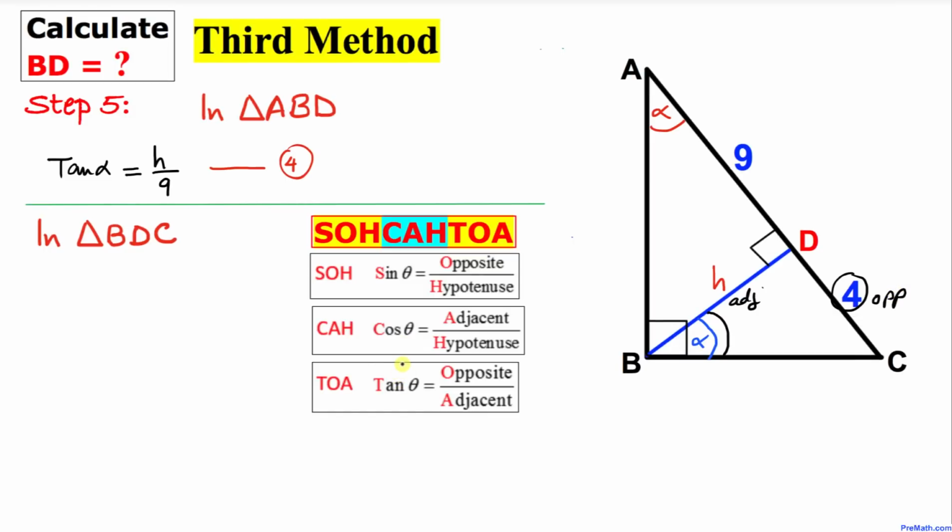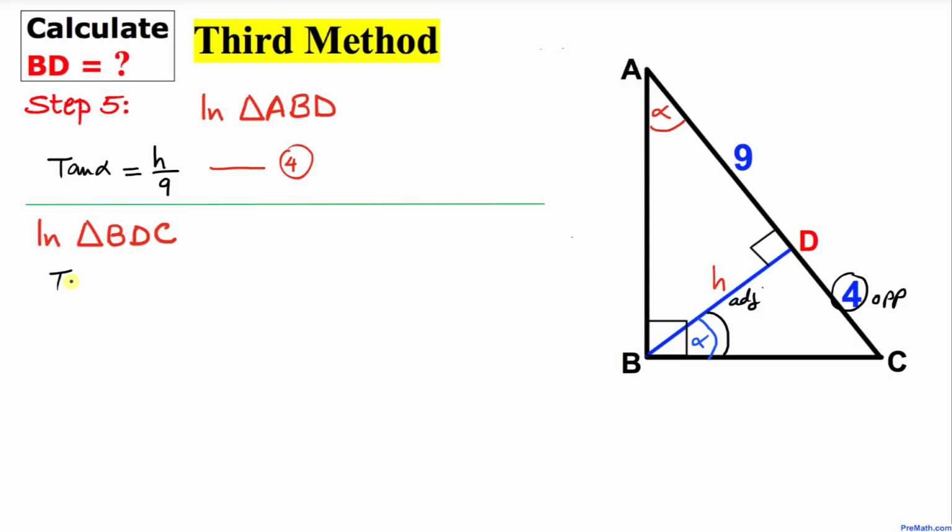So once again, we're going to be using tangent, which is equal to opposite over adjacent. So thus our tangent of alpha is going to be opposite, in our case 4, divided by adjacent, which is h, and I am going to call this equation number 5.